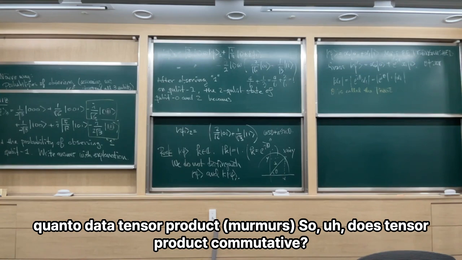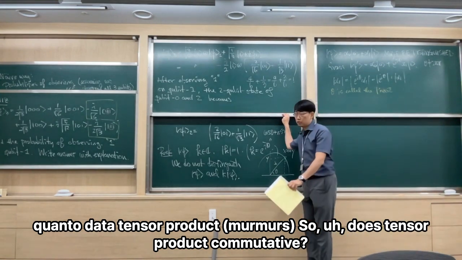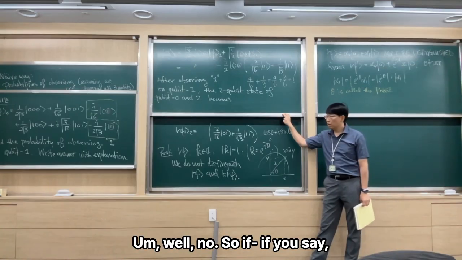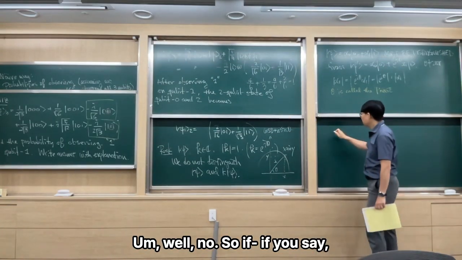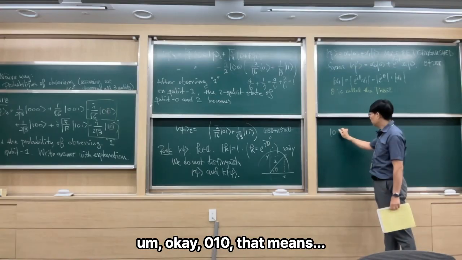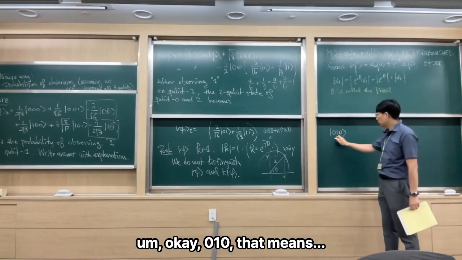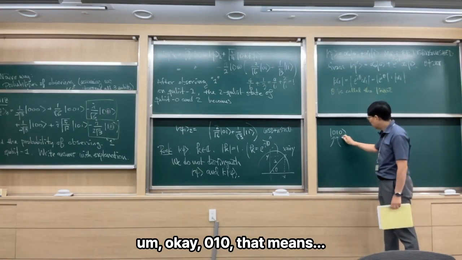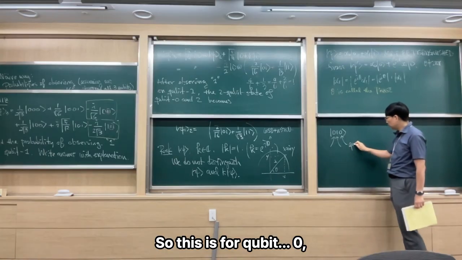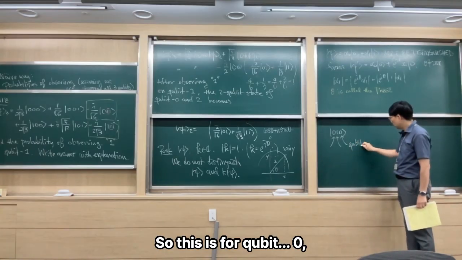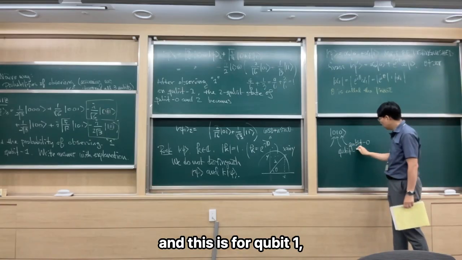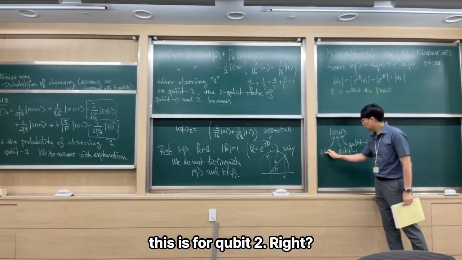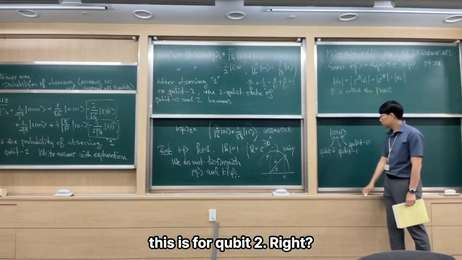Is the tensor product commutative? I don't think so. Well, no. So if you say |0>|1>|0>, that means this is for qubit 0, this is for qubit 1, and this is for qubit 2, right?